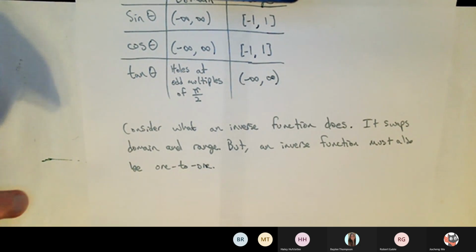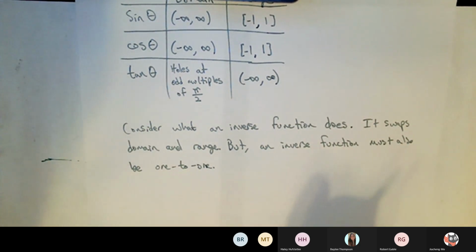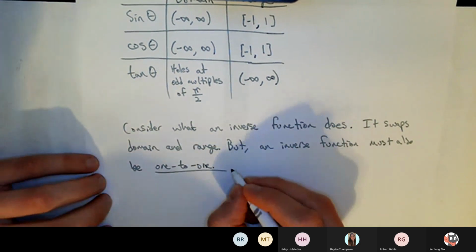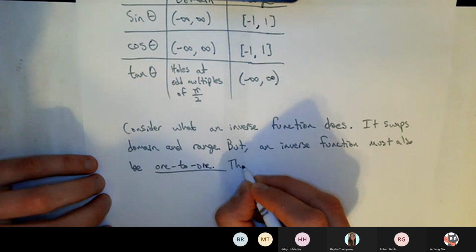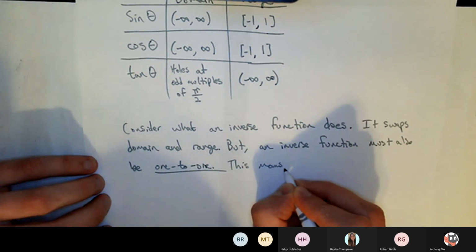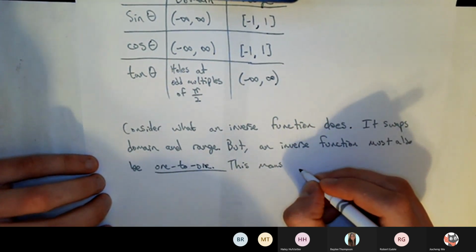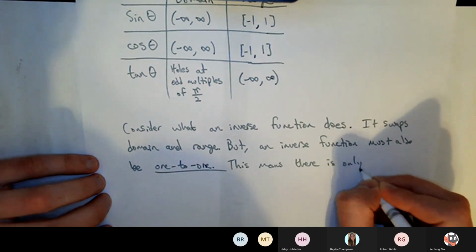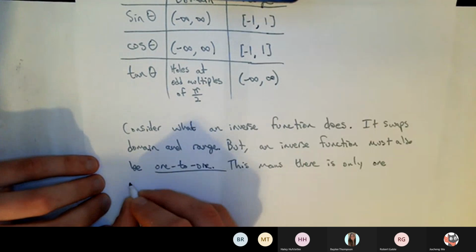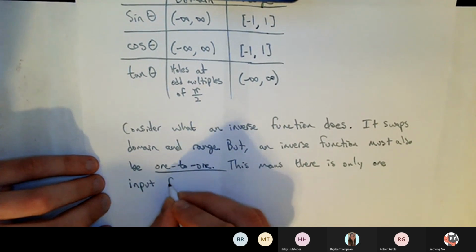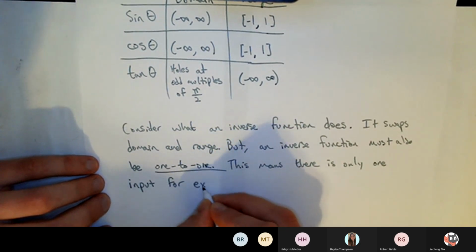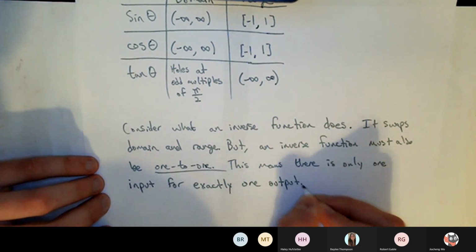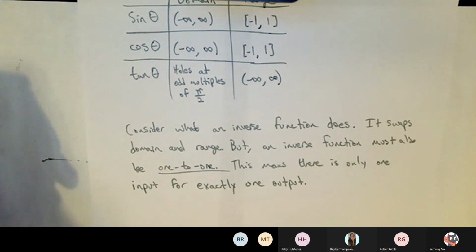Okay, what does that mean? So let's recall what 1-to-1 means. That means there is only one input for exactly one output.